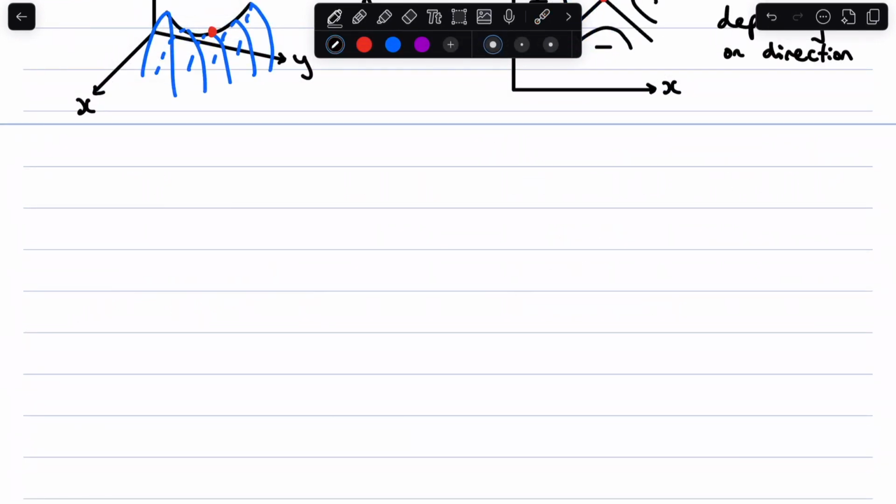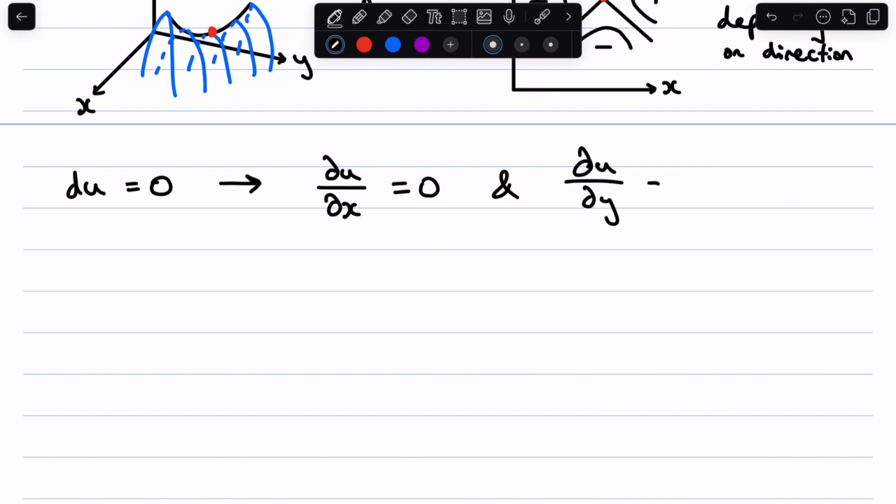So stationary points are located where our total differential du is equal to 0 locally. This leads to simultaneous equations, which are partial du by dx equals 0 and partial du by dy equals 0. This leads to several points x0, y0, which satisfy this condition.